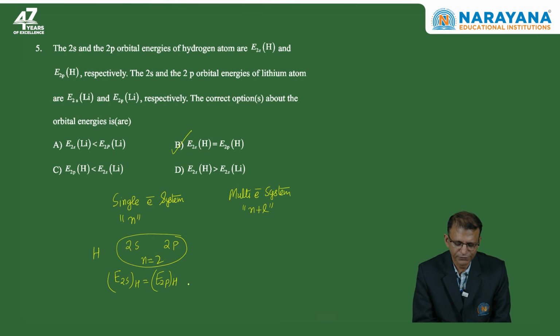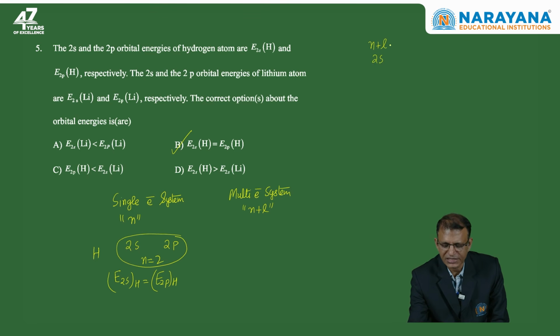Now in the case of a multi-electron system, the energy depends on the principal quantum number as well as the azimuthal quantum number. If we find the n plus l value for the 2s orbital, it is 2 plus 0, which is equal to 2, and for 2p, n plus l is 2 plus 1, which is equal to 3.